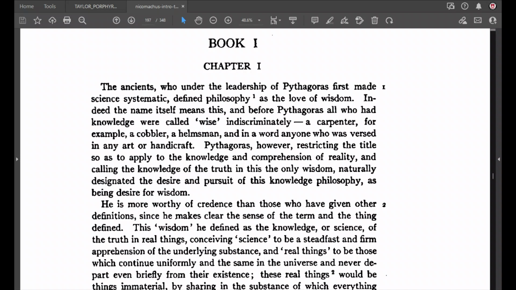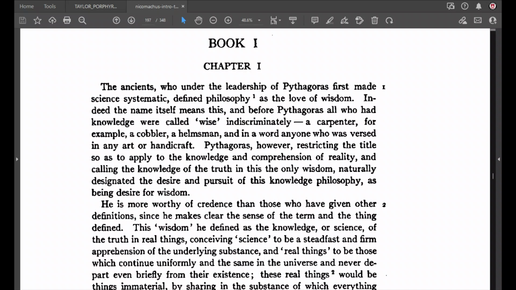And philo comes from the Greek word phileo, which means I love. So philosophia is close to saying I love wisdom. I am a lover of wisdom, or the love of wisdom. Okay? That's what philosophy means. The word means the love of wisdom, so it's no great breakthrough that the ancient philosophers defined philosophy as the love of wisdom. It's what the word means.